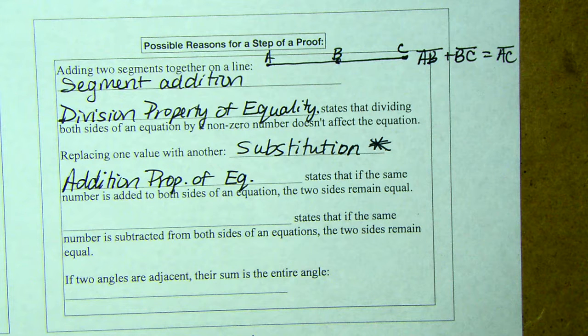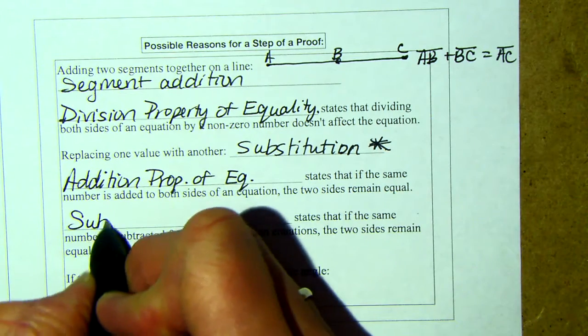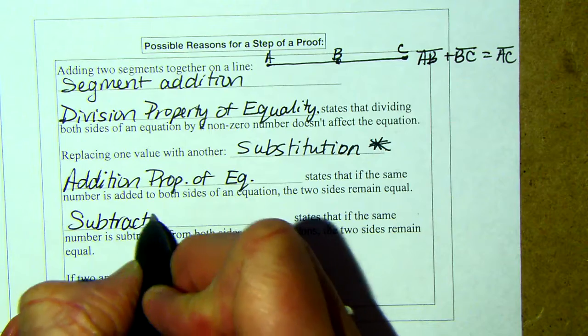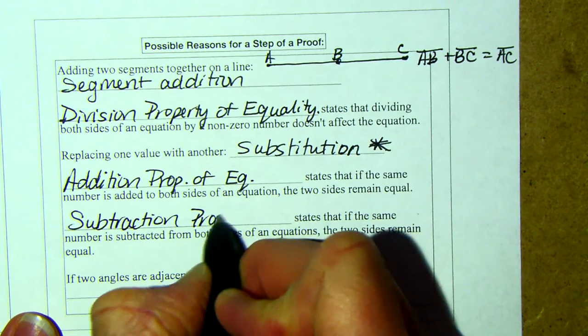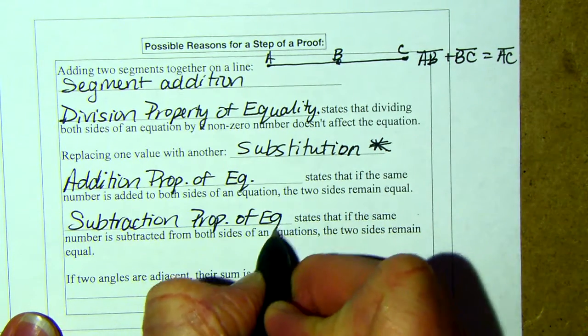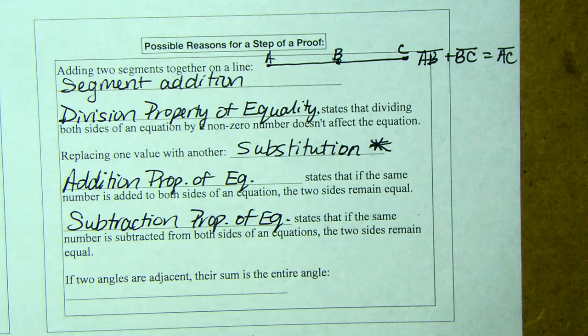Or if the same number is subtracted from both sides of the equation, that's the subtraction property of equality. I just put EQ and abbreviated it.